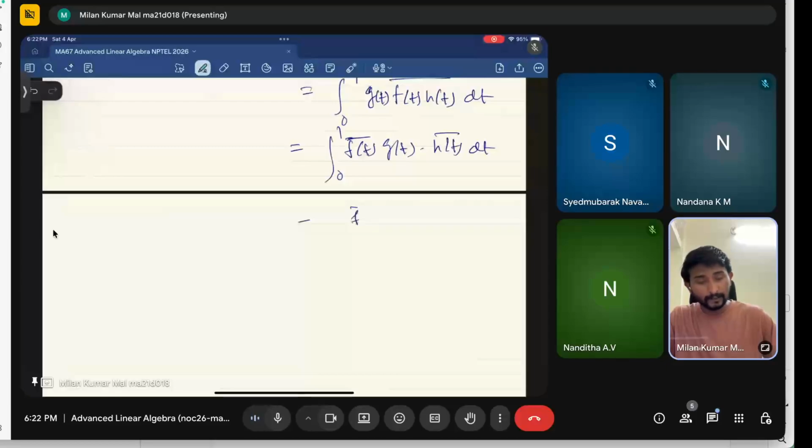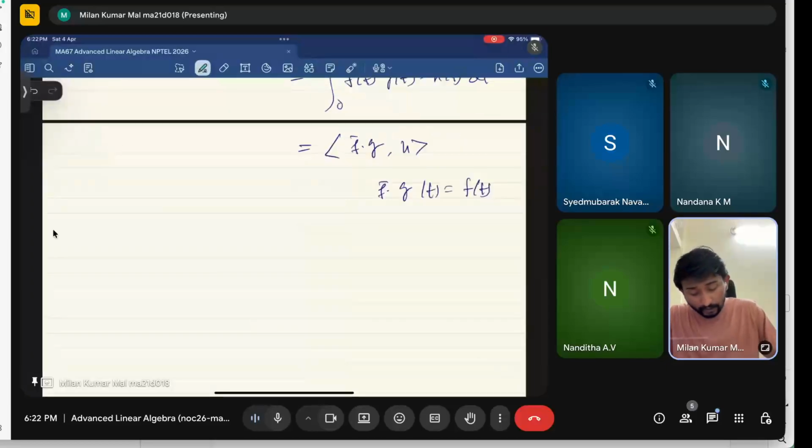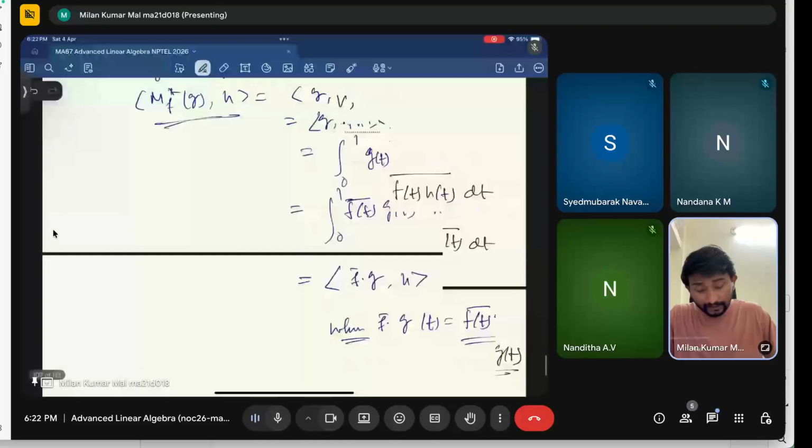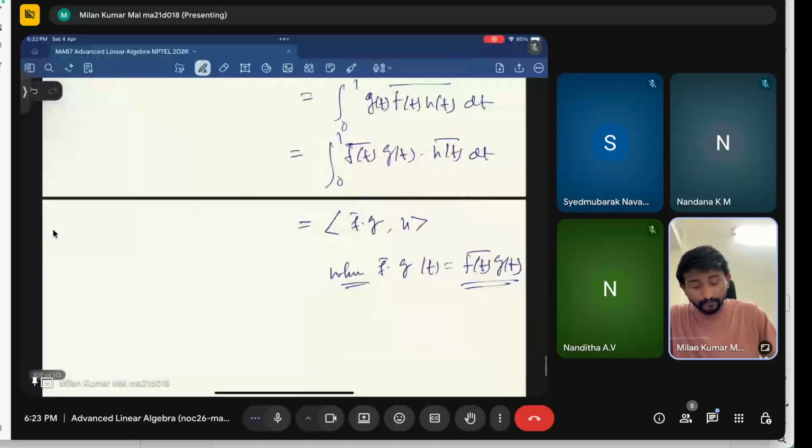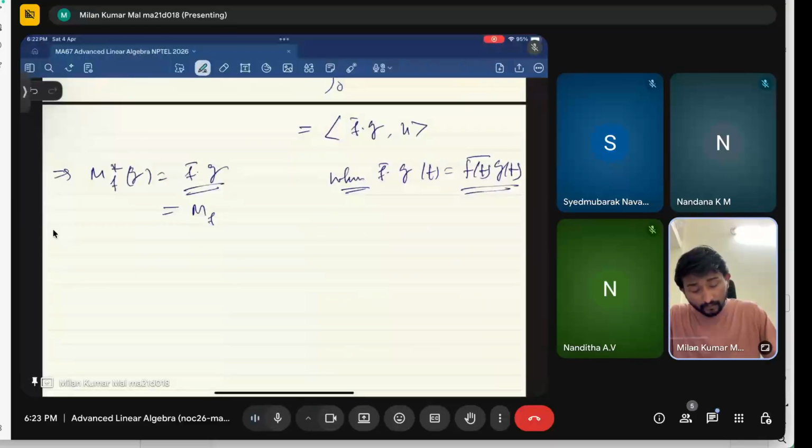So from here what I can say is that M of f star g is actually equal to f bar dot g. That means this can be written as M of f bar at the point g, the multiplication by f bar. So M of f its adjoint is actually M of f bar, but here it is just said M of f, no bar is there. So that's why this option is the incorrect option. So for our purpose, this is the correct answer.